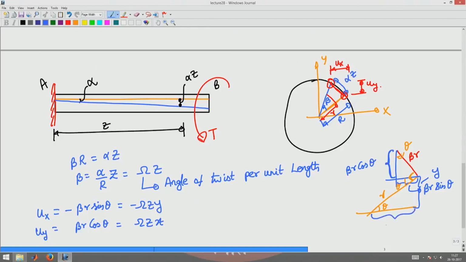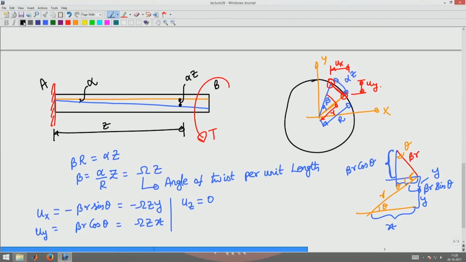This distance is x and this distance is y, and hence that is what you got as the ux and uy displacements. You are assuming that there is no displacement along the z direction, uz is 0, because I am assuming that there is no warping, no out of plane displacement.